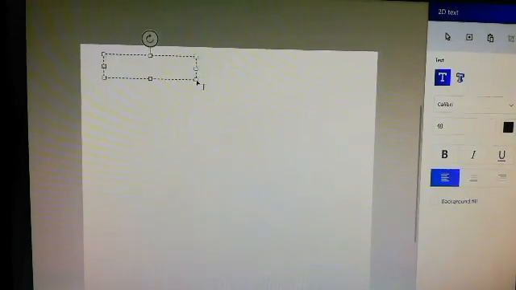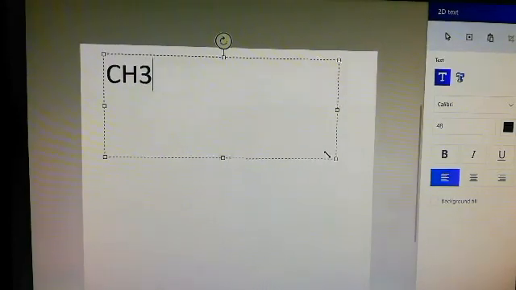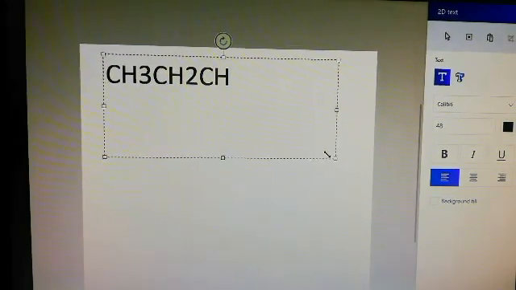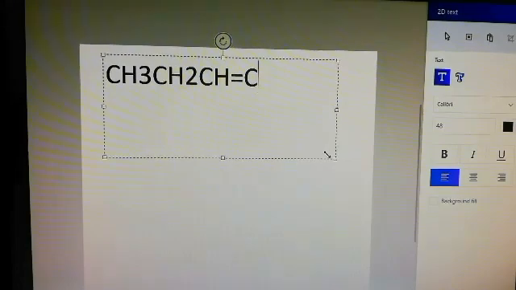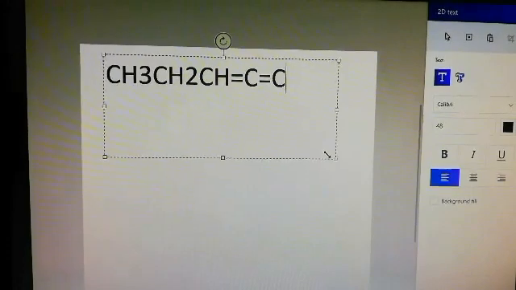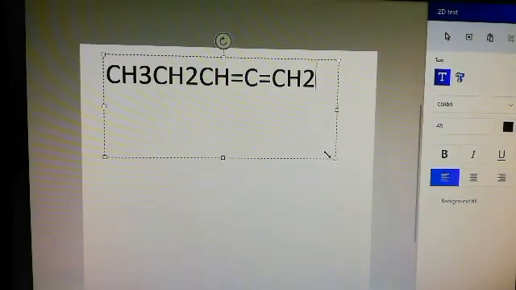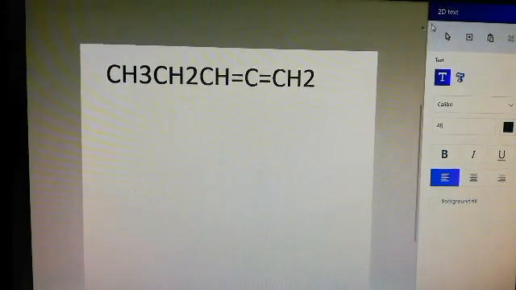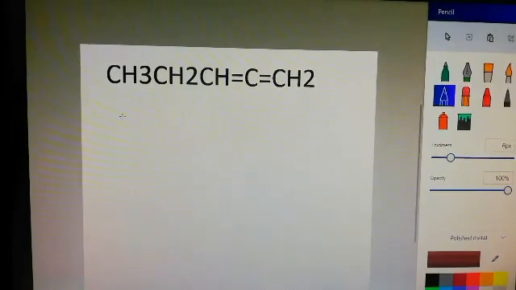Meron akong CH3, then CH2, then CH double bond, double bond C, and CH2. Okay, so I would draw a line bond like this.